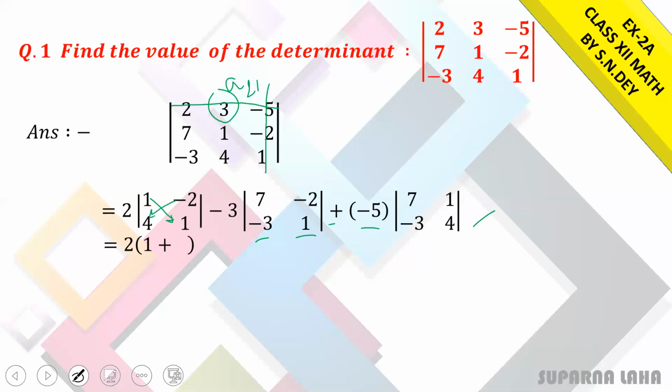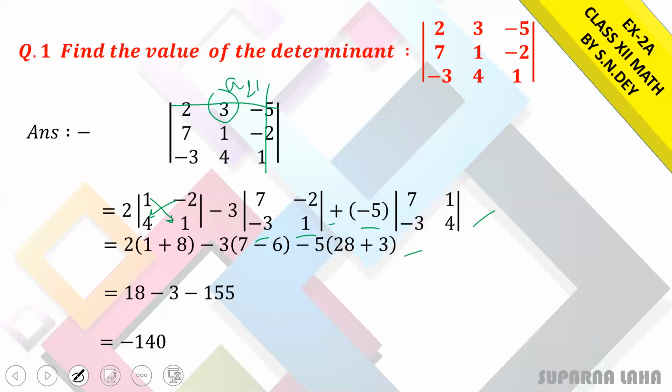So write down the values, 2 into 1, 1 and this minus minus plus, and 4 2s are 8, and similarly write down all the values and simplify it. You will find the value is given by minus 140. So this is the value of this determinant.